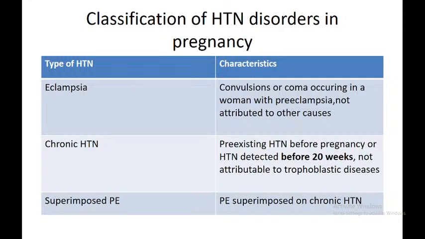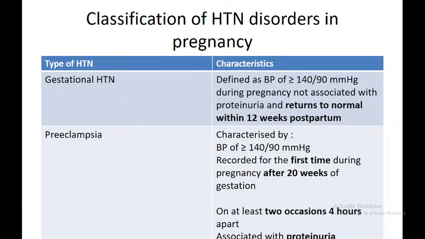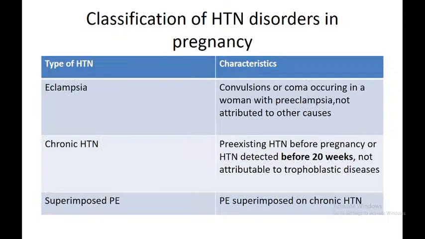So this is how we classify hypertensive disorders in pregnancy. So at the one end we have only hypertension seen only during pregnancy, which reverses back to normal within 12 weeks. And then we have pre-eclampsia with hypertension and proteinuria, we have eclampsia, and then chronic hypertension and superimposed pre-eclampsia.